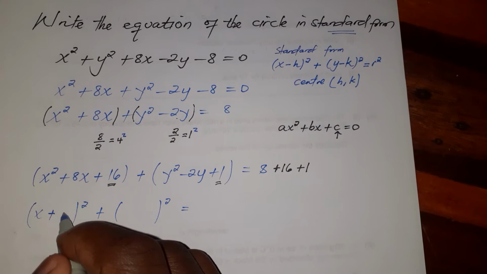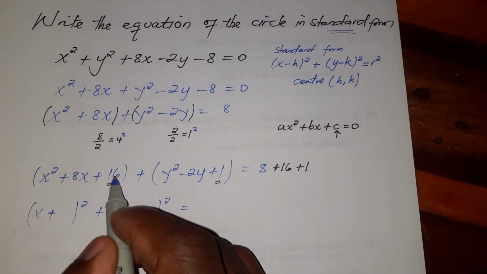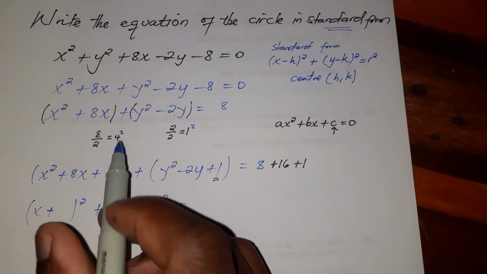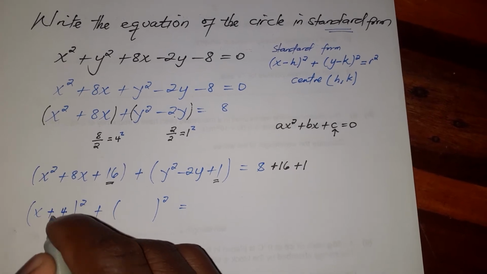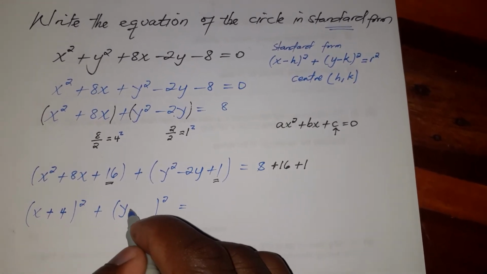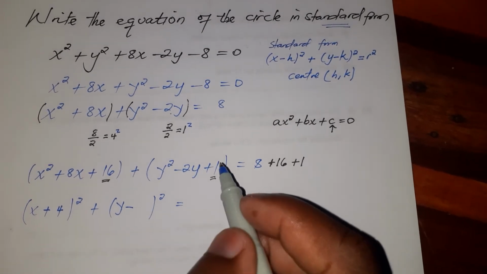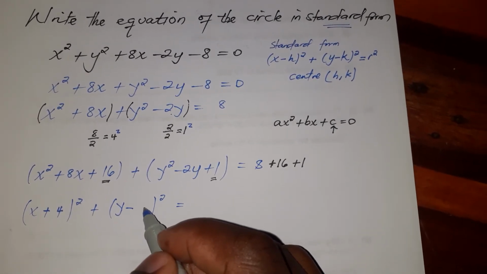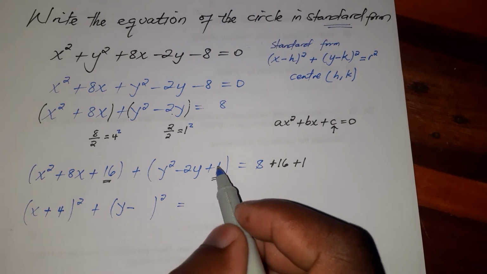The number that we have to write here is the square root of 16, which is 4. Here we write y, and then minus the number that we should write here is the square root of 1, which is just 1.